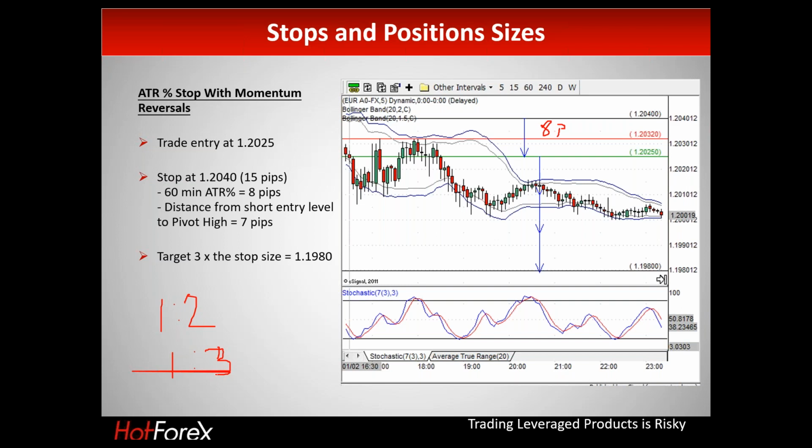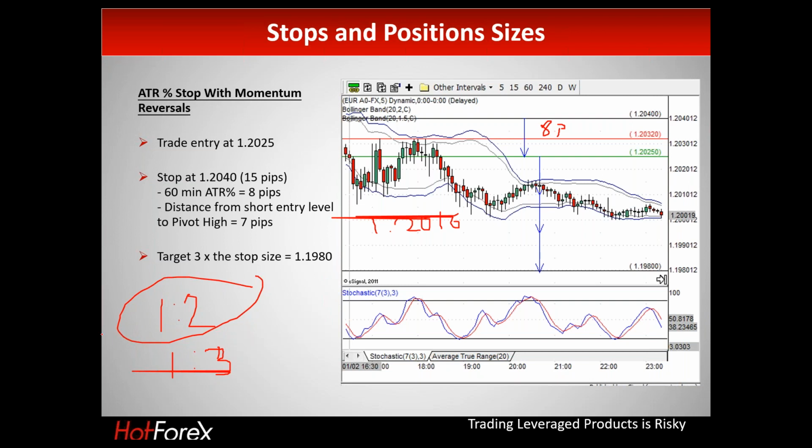So if we have 1 to 2, then it means that if our entry point is 120.32, then minus 16 pips, because it's a short position, gives 120.16. If we have taken a 1 to 2 risk and reward ratio, we set our target 16 pips away from the entry level.